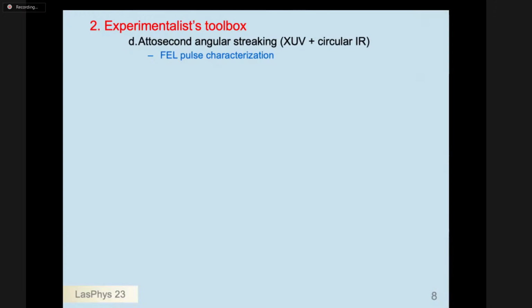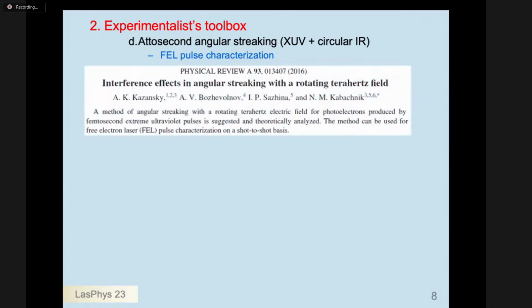There are situations when this delay is not known, and this is the situation of free electron lasers, where the XUV pulse is stochastic and it can come at any particular time. There is no prior knowledge of this time. And this technique was introduced initially to provide the timing information of the XUV pulse. It was not concerned with the timing of the ionization process as such.